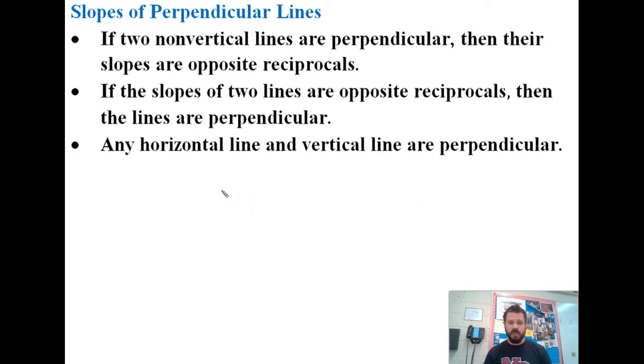We mean that if one slope, we could say slope 1, is equal to a over b, slope 2, the opposite reciprocal, would be negative b over a. So switch the sign, positive and negative or negative and positive, and then flip the fraction upside down, that's the reciprocal part.